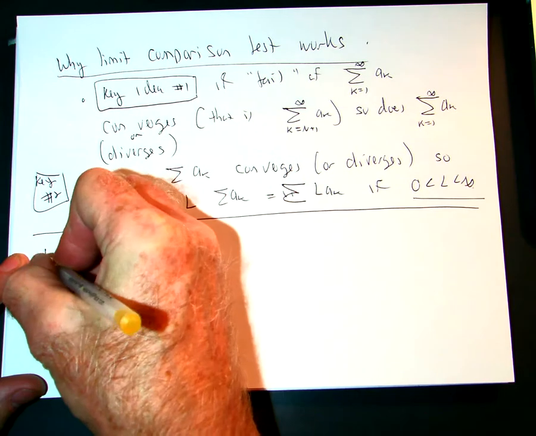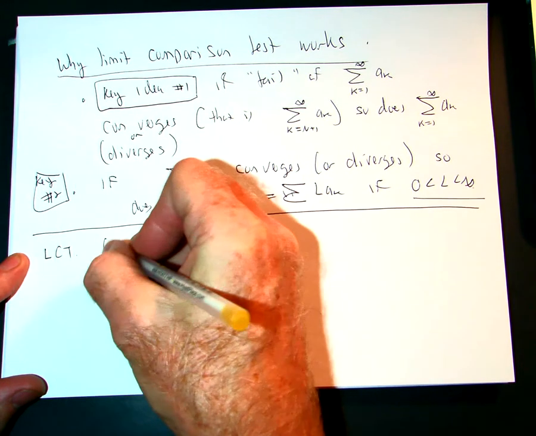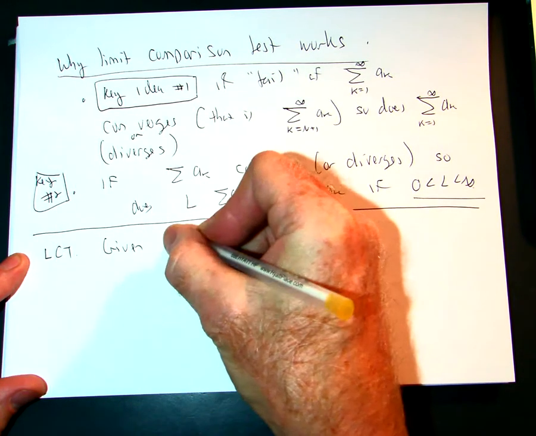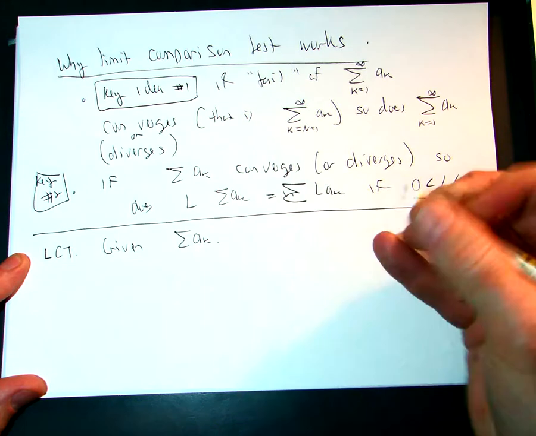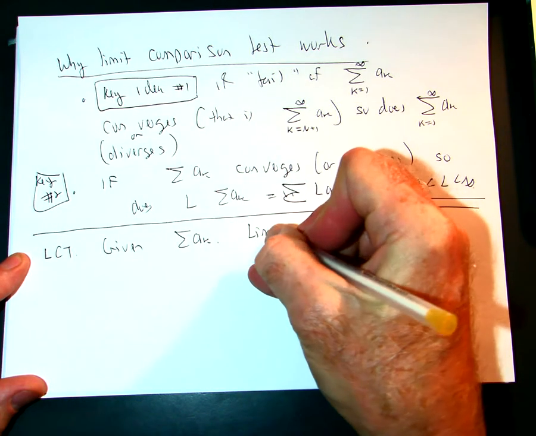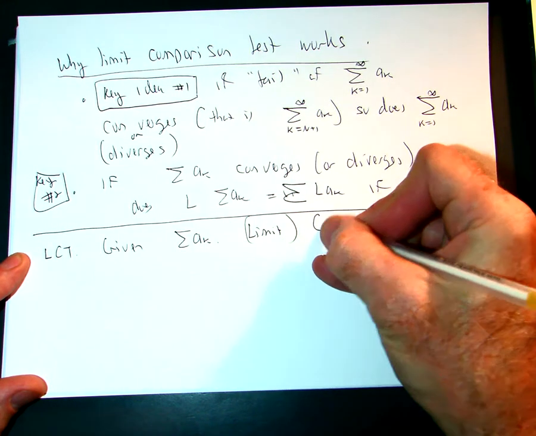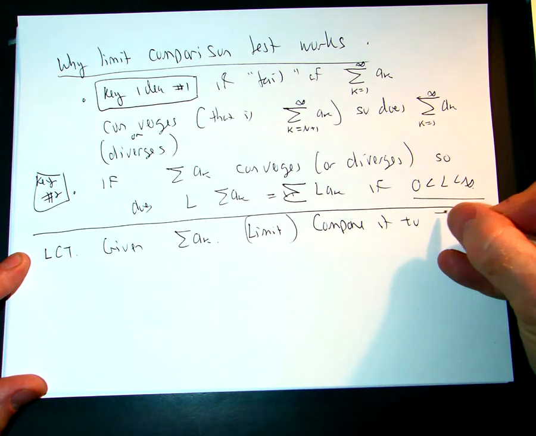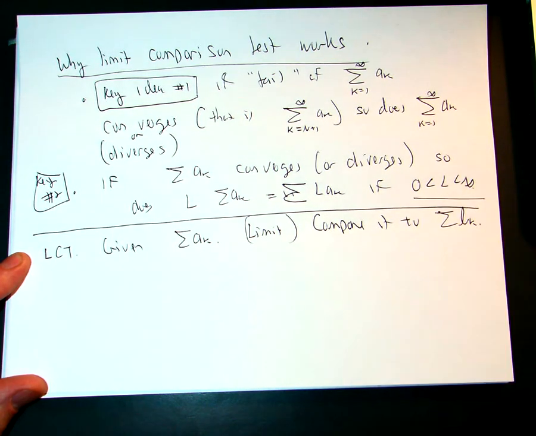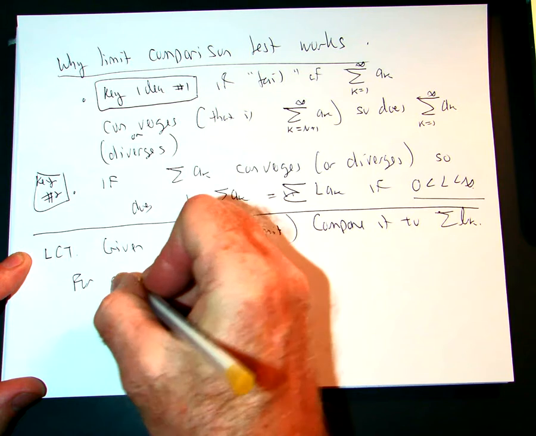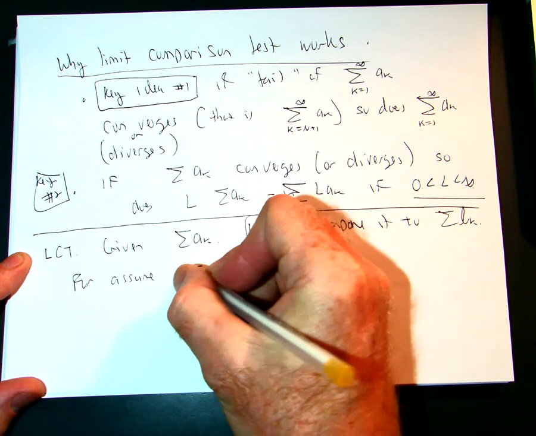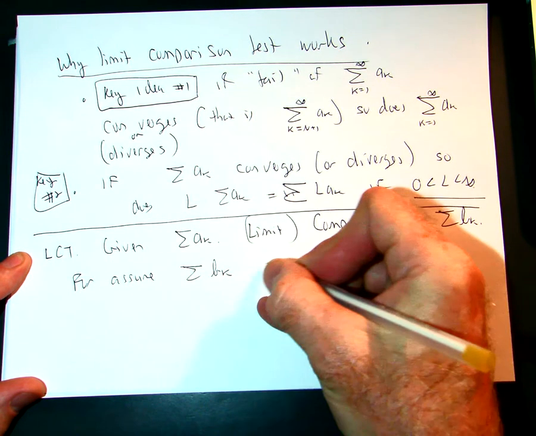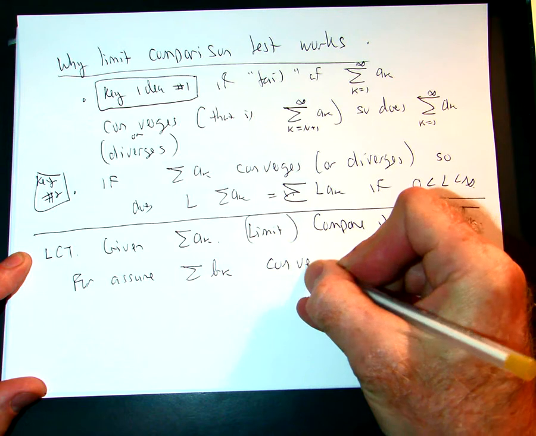So here's the limit comparison test. We're going to be given a series, sum of a_k, and we're going to compare it using the limit test to b_k. And for now, assume that our comparison series, our reference series, b_k, converges.